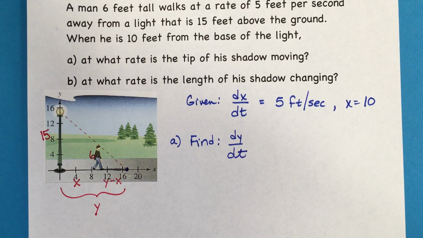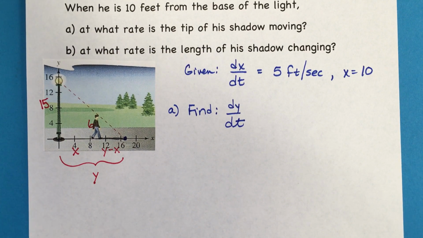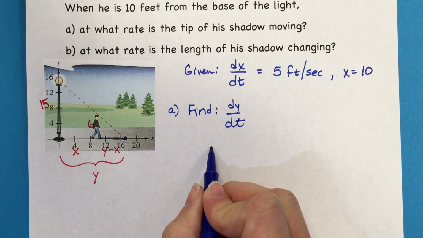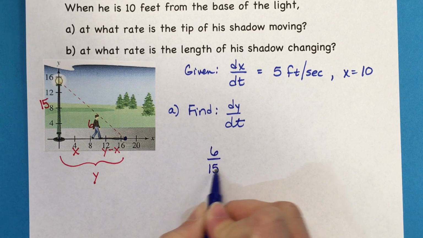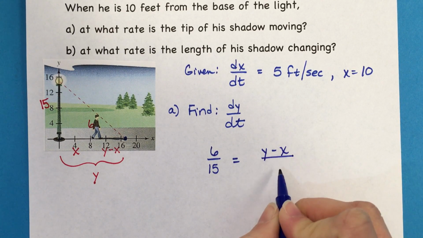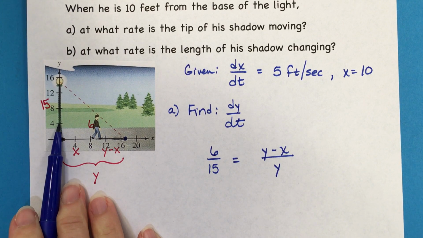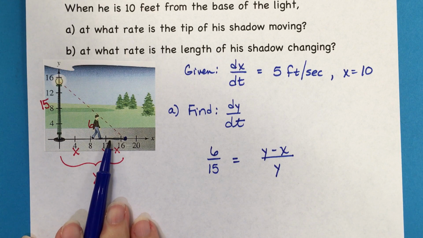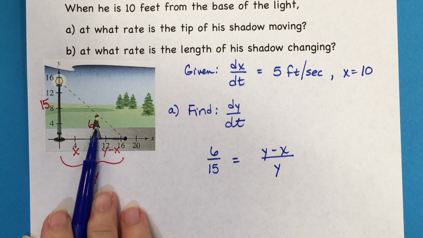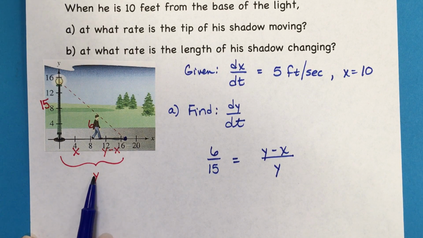Okay, setting up the proportion. There are different ways you can set up a proportion, but I could say that 6 is to 15 as y minus x is to y. So you've got vertical side to vertical side, and I did the 6 first because that's from the smaller right triangle, then you go back to the bottom side to the bottom side.